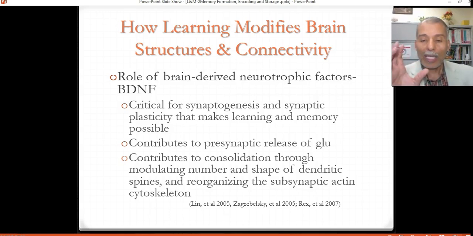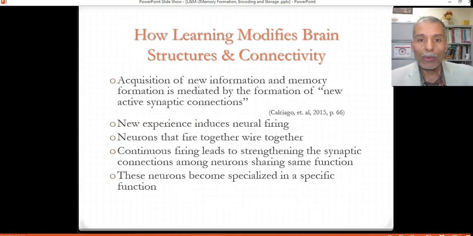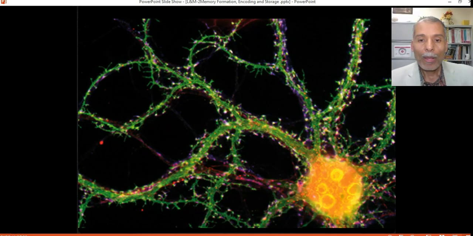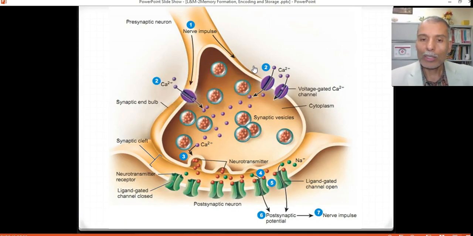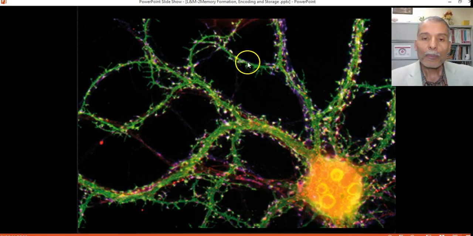These are the dendritic spines we discussed before, these little budding pieces. That's where neurons connect with other neurons to make synaptic connections, and that increases the surface area. One neuron may be able to synapse with 50,000 other neurons because it has so many spots.